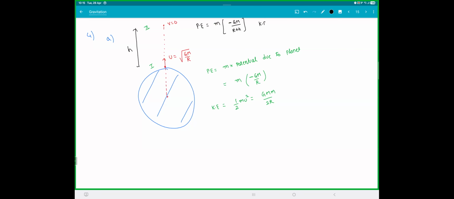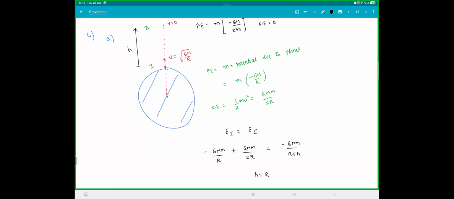Kinetic energy is 0 because you came to rest. Initial energy is equal to final energy. So this would be minus GMm by R plus GMm by 2R is equal to minus GMm by R plus h. GMm goes off, you end up with h is equal to R.